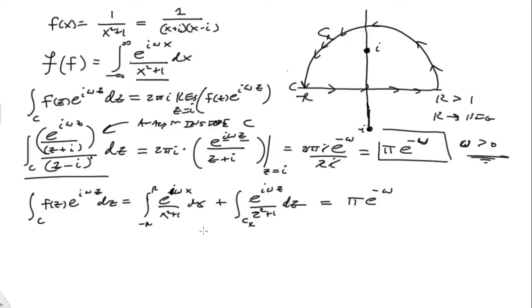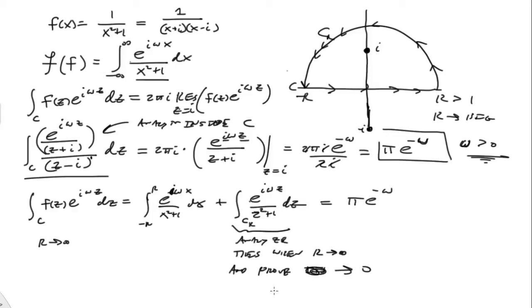So the goal is, as R gets big, to analyze this integral and prove it goes to 0. That means that as R goes to infinity, this integral can be associated with that value, and this contributes nothing because it goes to 0.